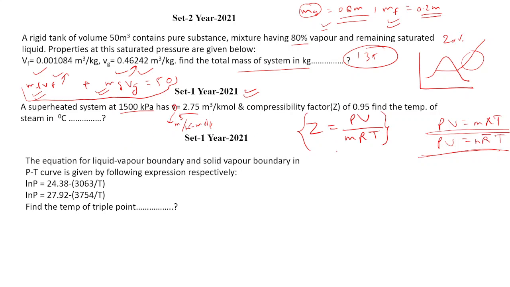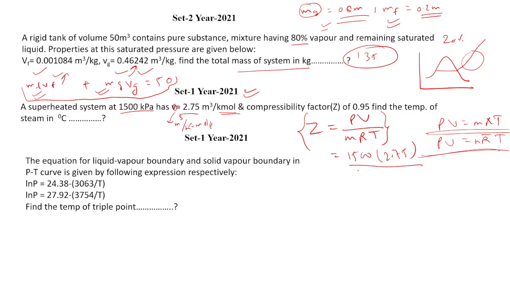So pressure you know, 1500 kilopascal, and volume you know, 2.75 meter cube per kilomole. Here you know it is kilomole. If it is per kg, then we would write R of that superheated steam. But here it is in kilomole, so it would be the universal gas constant, right?